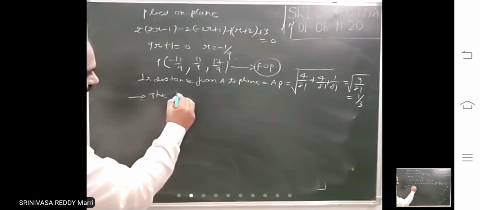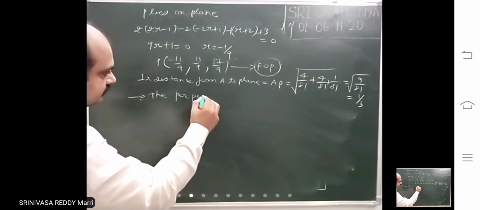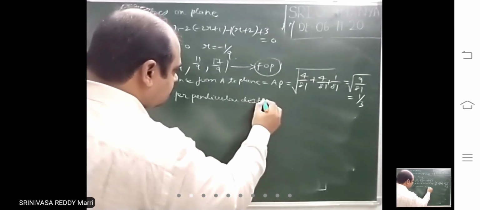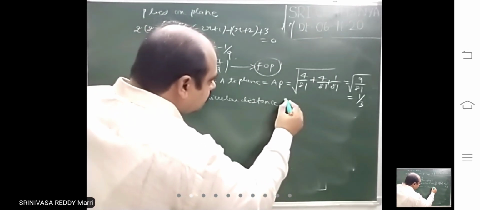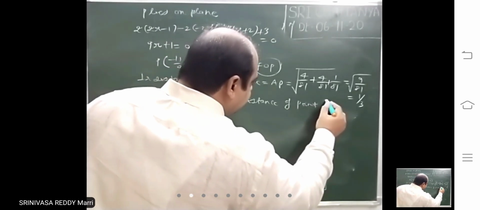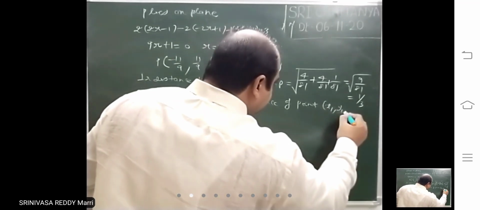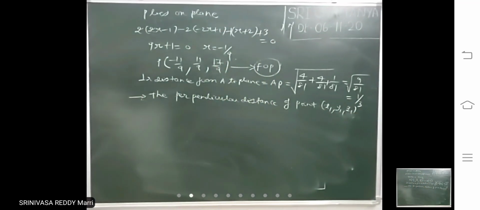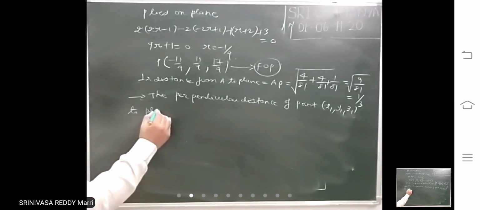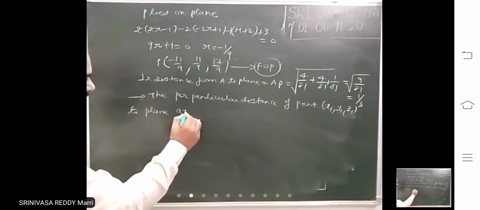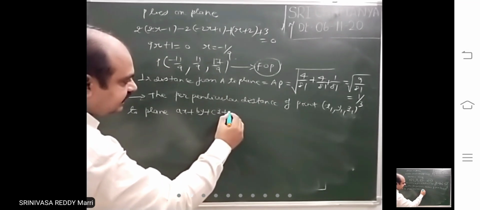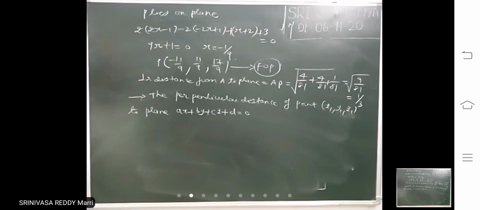The perpendicular distance of point (x1, y1, z1) to the plane ax plus by plus cz plus d equal to 0.